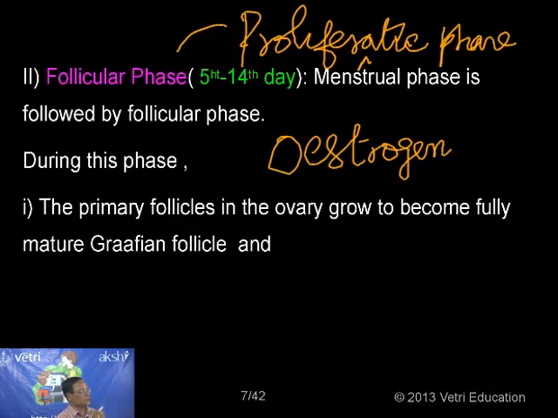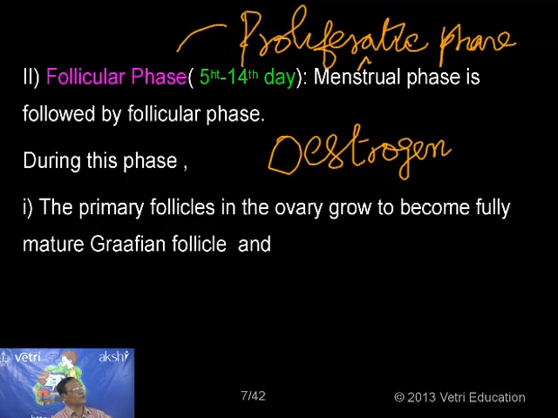Another hormone is secreted gradually and increases towards the mid-cycle of the menstrual cycle, namely the 14th day, when one hormone level reaches a peak. Anyway, the predominant ovarian hormone during the follicular phase is estrogen.